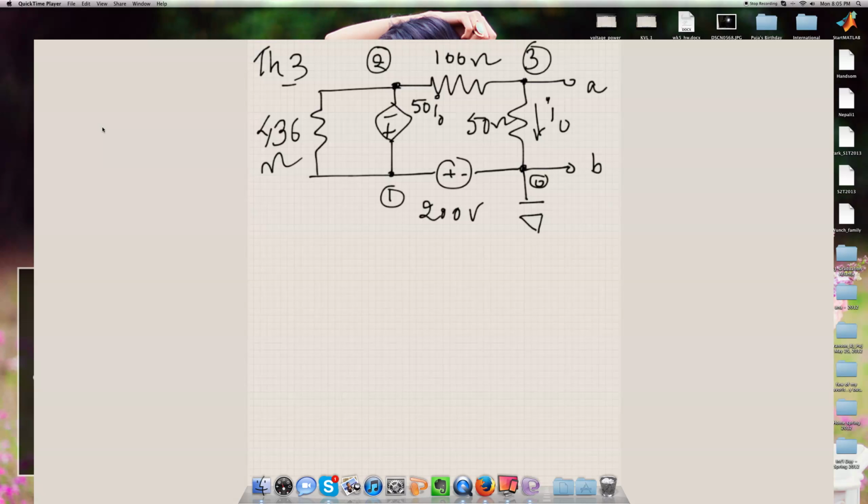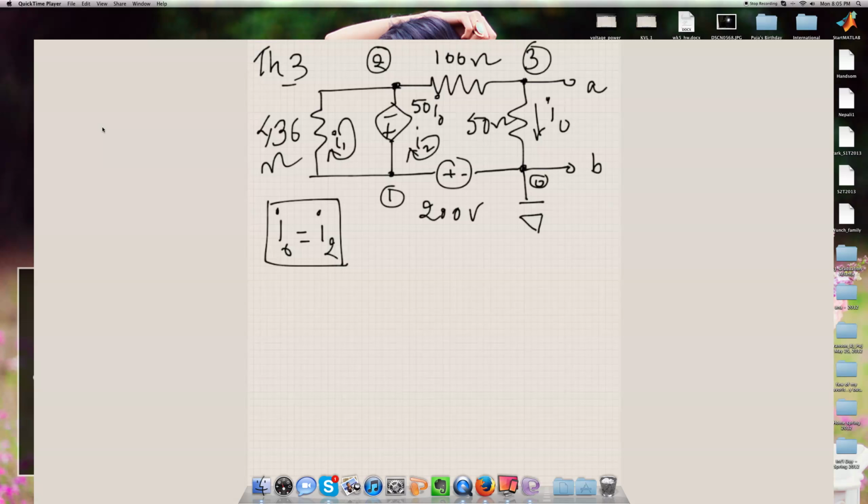Now what we recognize is, as we have also these mesh currents given, I sub 1 and I sub 2, we realize that I naught is nothing but I sub 2. So that is good to notice.